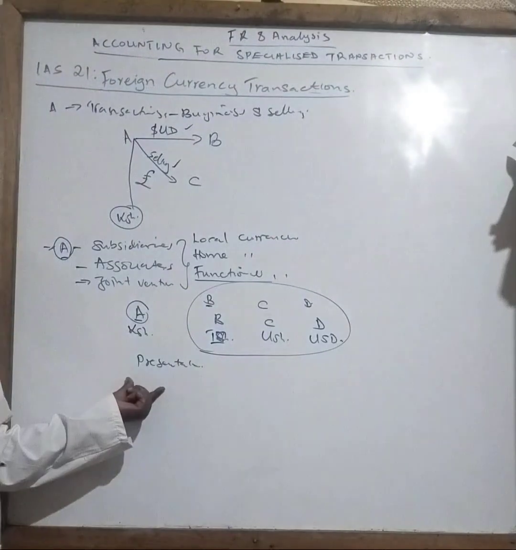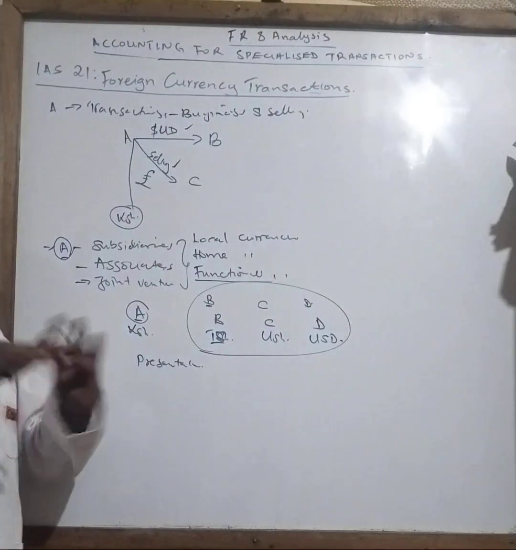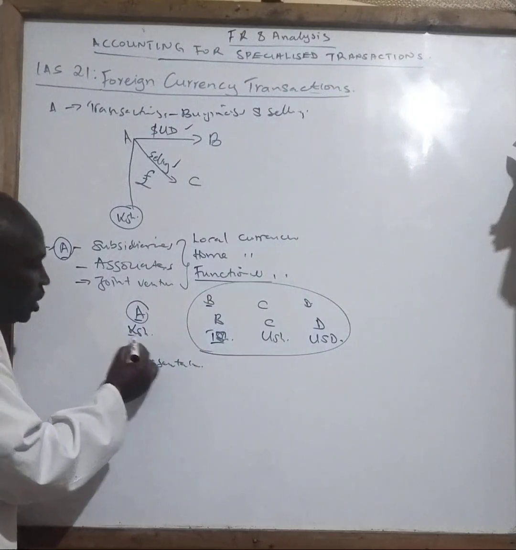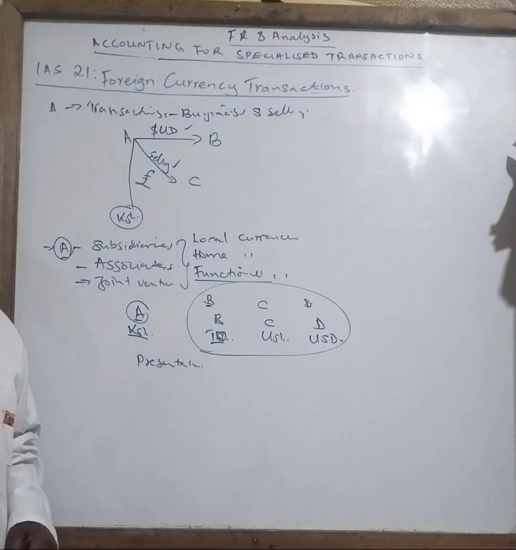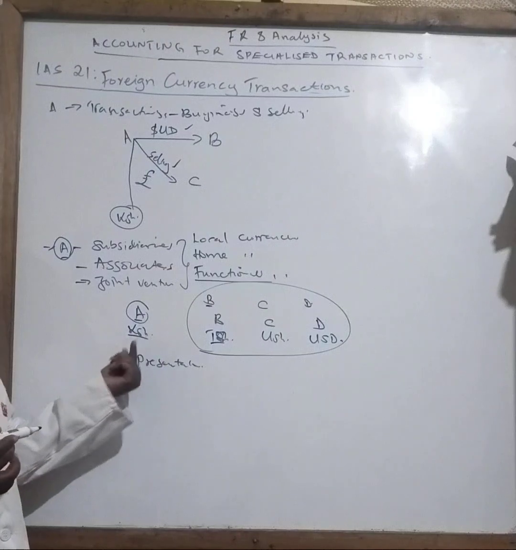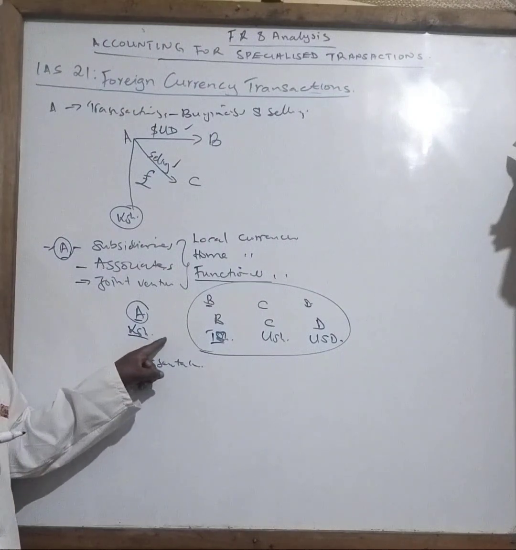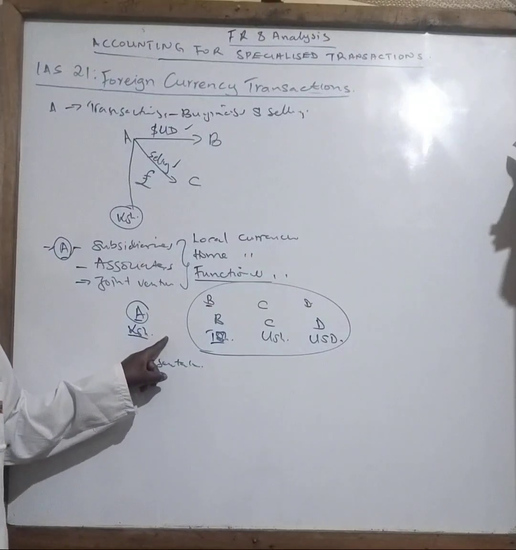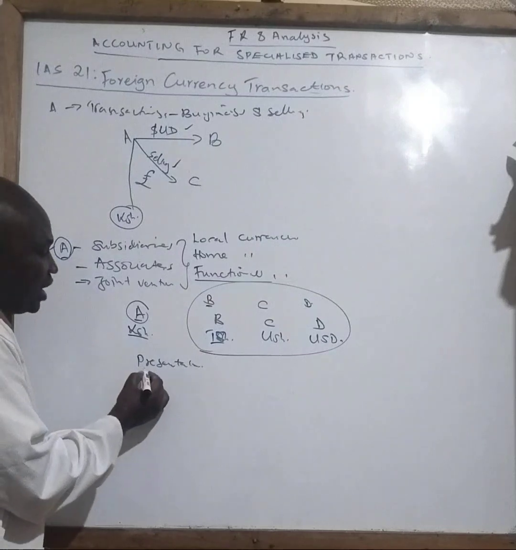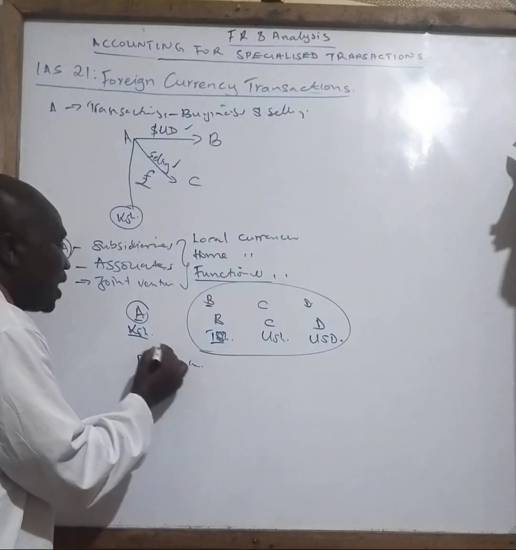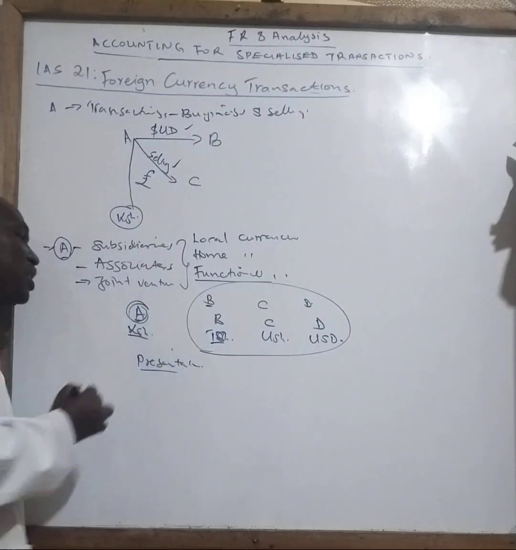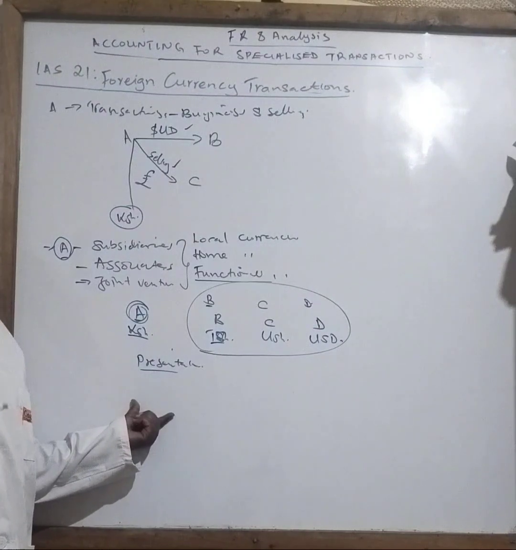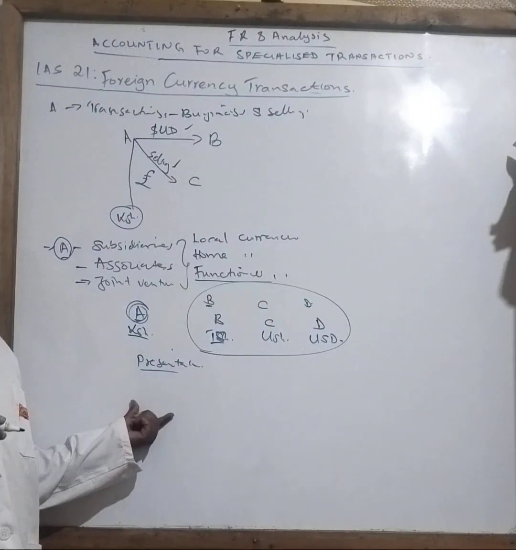So you can decide. But in most cases, we normally use the common currency being used in that particular country. In this case, in Kenya, we use Kenya shillings. But there is no law or standard forcing you to present in US dollars when the company is in Kenya. There is no standard as of now.